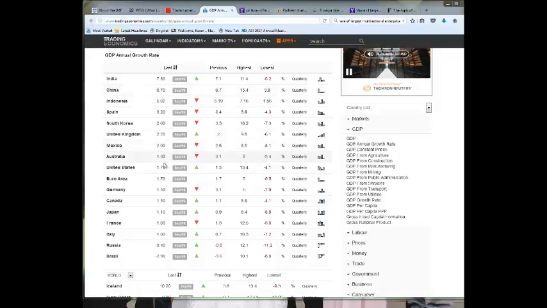The United States, you see, is growing only at a rate of 1.7% per year. So you can see how over time the overall GDP of China will surpass that of the United States if these growth rates continue to play out.